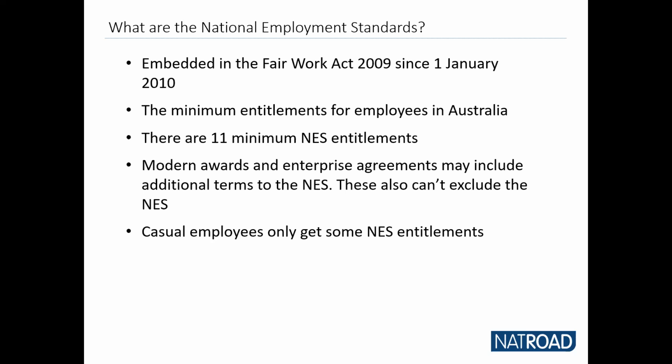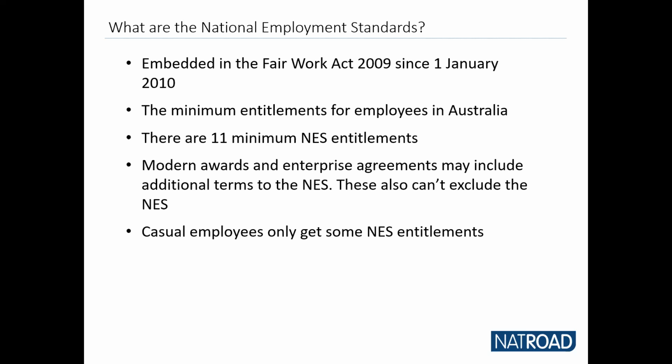Casual employees are a little bit different though. They don't receive all of the NES entitlements. They only receive a portion of them. So when we talk about the more detailed elements of the NES in the future sessions, we'll talk about the differences between full-time and part-time employees and casual employees, so you can get an understanding of what applies to casual employees and what applies to full-time and part-time employees.